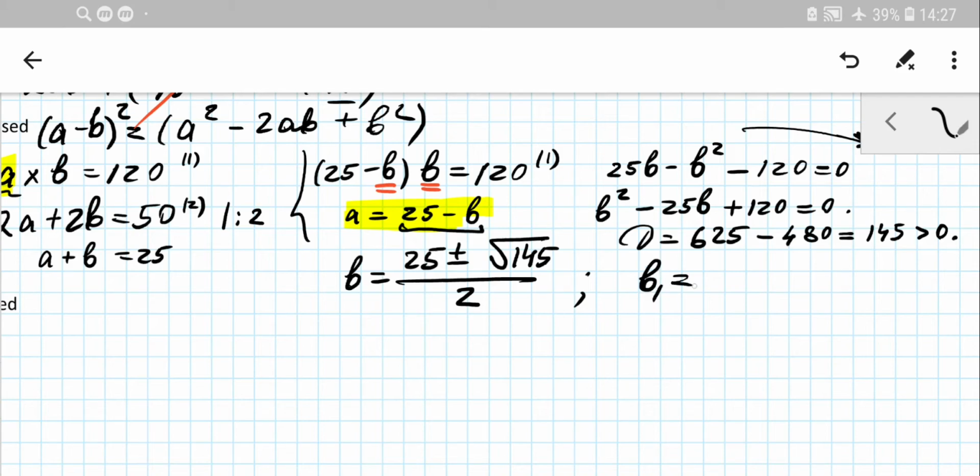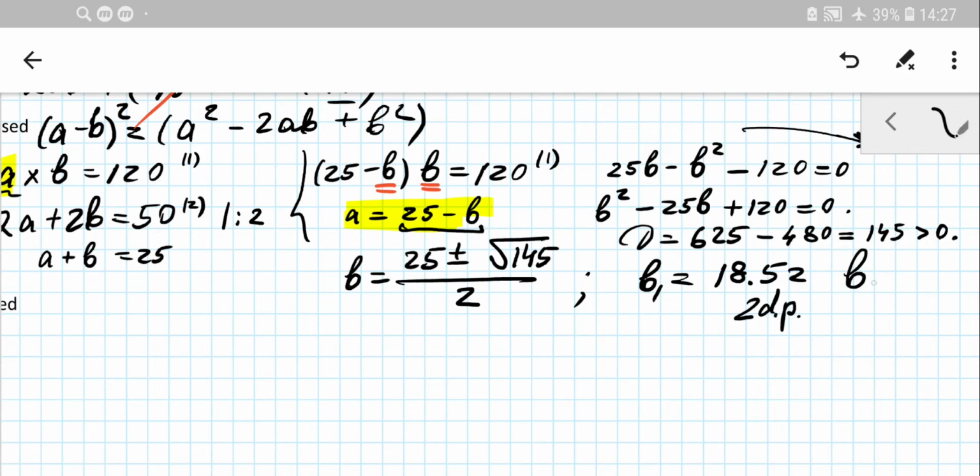For b1, let's take the plus: 25 plus the square root of 145, and then everything divided by 2. Using the plus sign, I've got 18.52 to 2 decimal places.